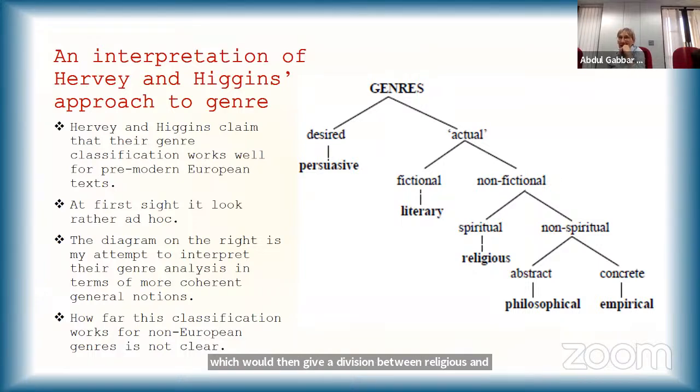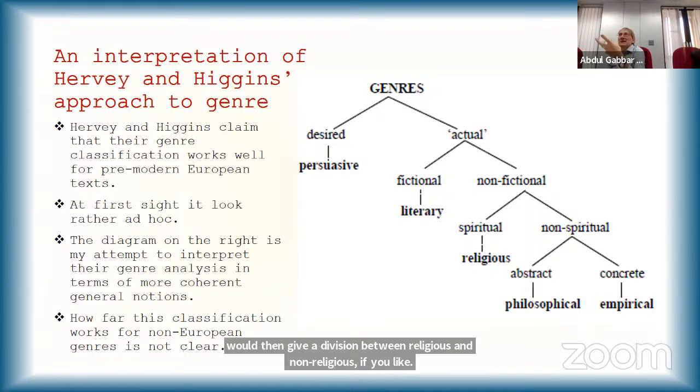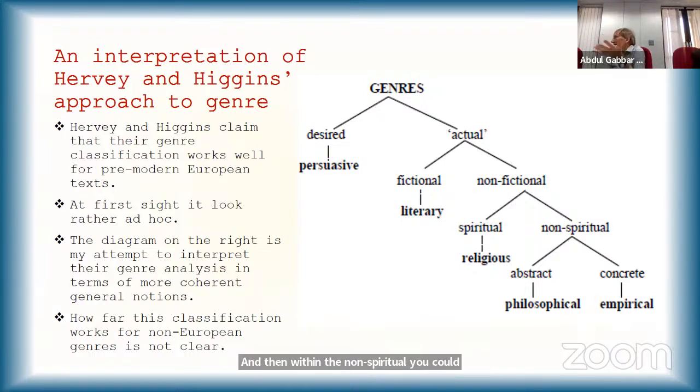Within the non-spiritual, you could think of a distinction between the abstract, which would give you philosophical, and the concrete, which would give you empirical. So that might or might not be a way of explaining Harvey and Higgins' genre analysis. When I asked Ian Higgins about it, he looked horrified and said, "I have no idea." So I don't have an idea either, but it might be a way of explaining it.